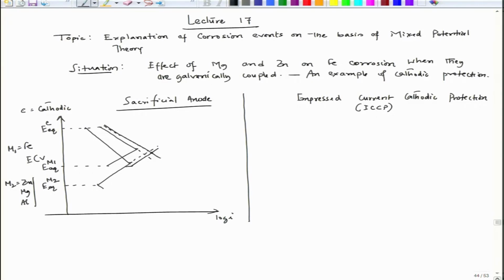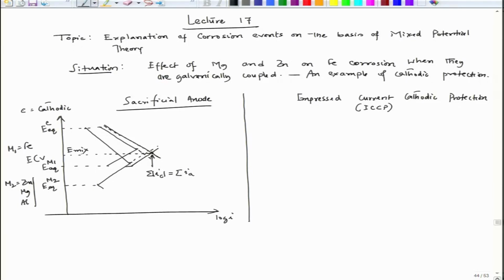So, this point is my point where IC equals IA, we have already realized that, and then we have seen the mixed potential is this one.